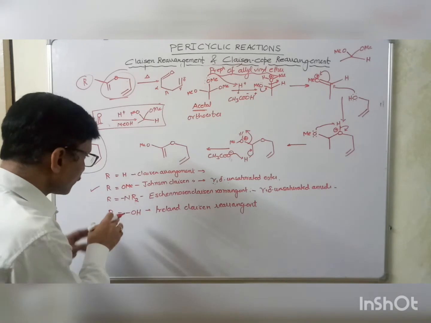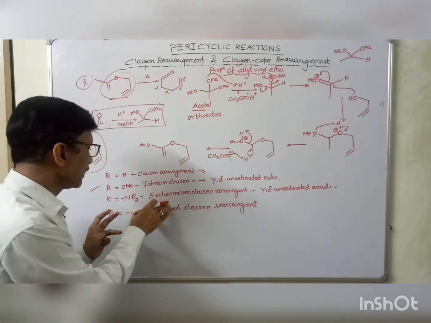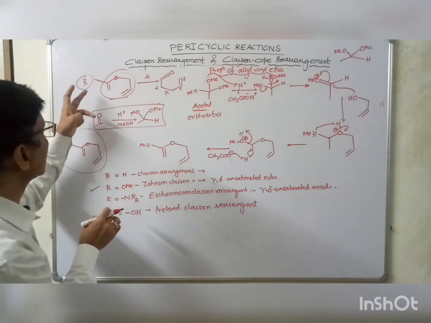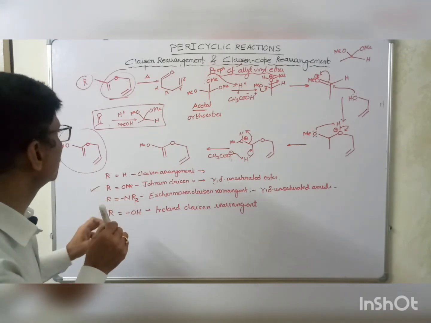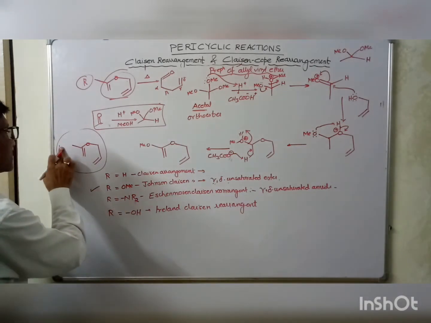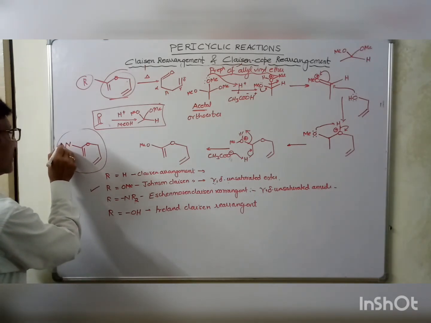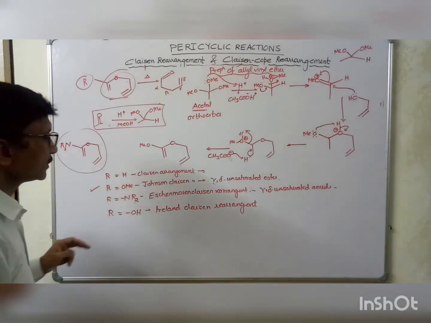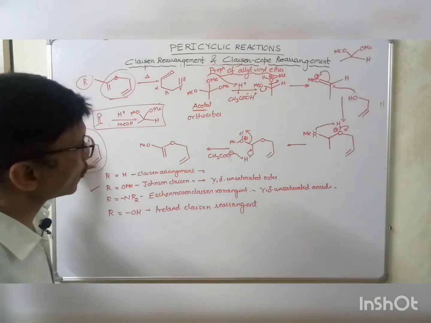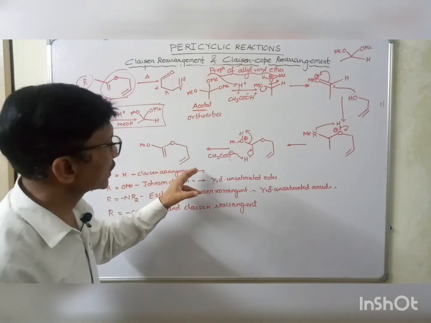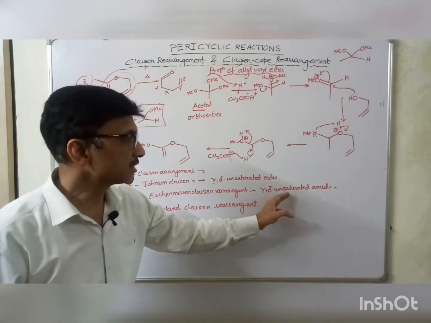Now for this third case, the Eschenmoser-Claisen rearrangement, if we put R equal to NR2, then this would be the substrate that we get for the Eschenmoser-Claisen rearrangement, and the final product that we will obtain, in place of gamma delta unsaturated aldehyde, is a gamma delta unsaturated amide.